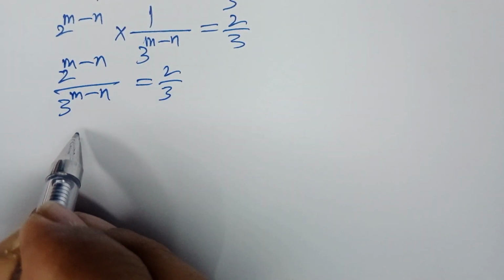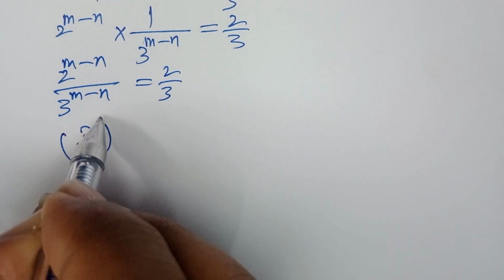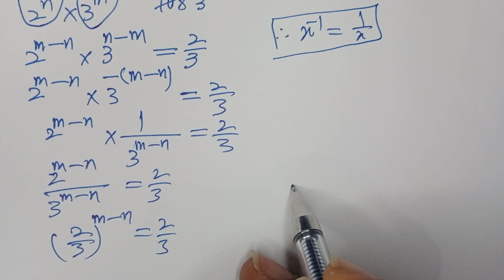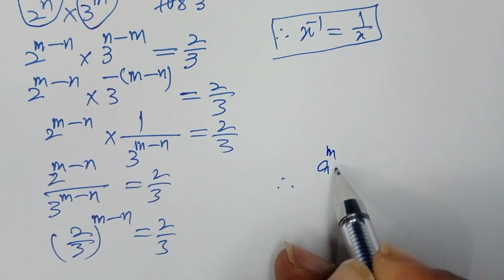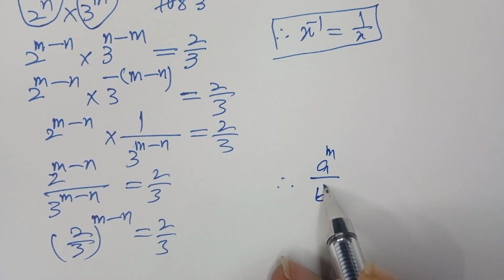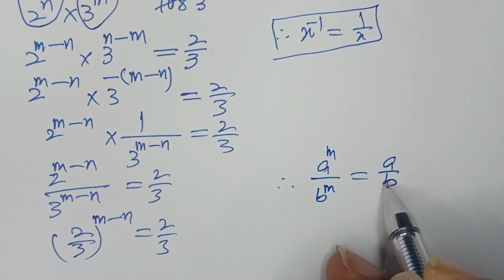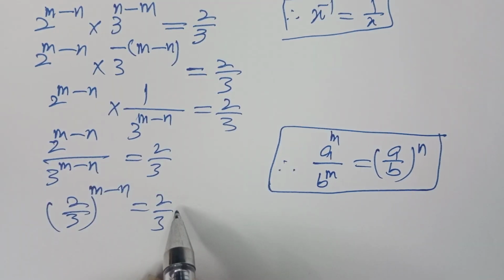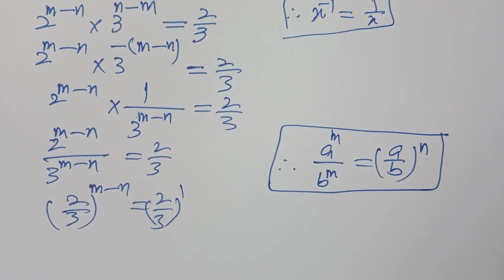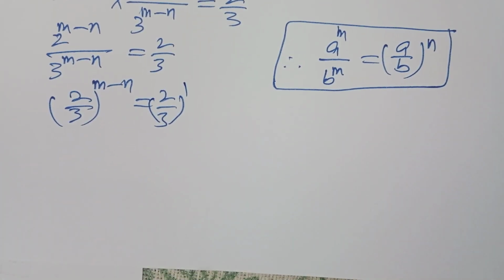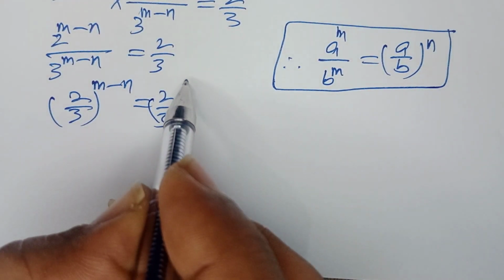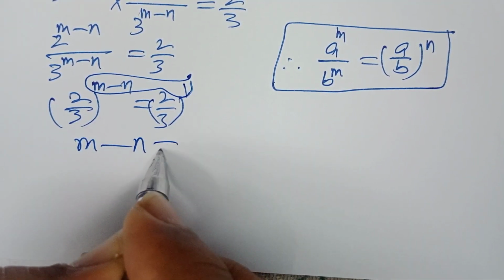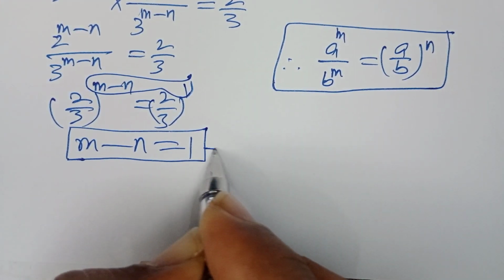So rewrite as 2 upon 3 whole power m minus n is equal to 2 upon 3. On the basis of the formula a power m over b power m is equal to a over b whole power m. So here power is 1. So bases same, power equal. So here will be m minus n is equal to 1.